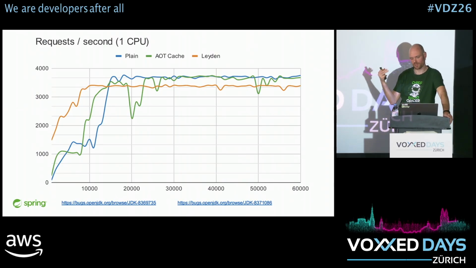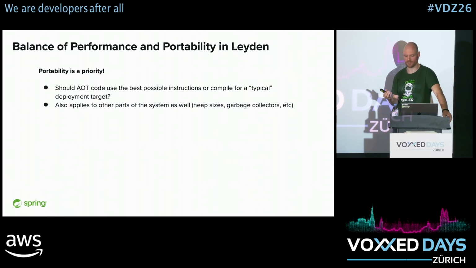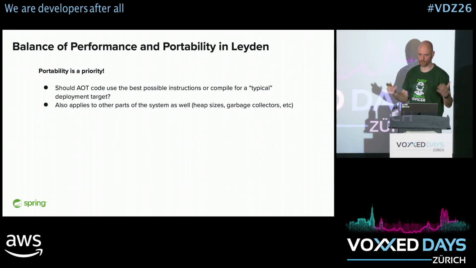But there's an important thing behind that. There is always a balance of performance and portability in Project Leyden. If you have a very powerful workstation with all the AVX instruction sets, and you build the cache file with this specific machine architecture, and then you deploy it onto production to your potato where you put metal plates in it, should it still work?